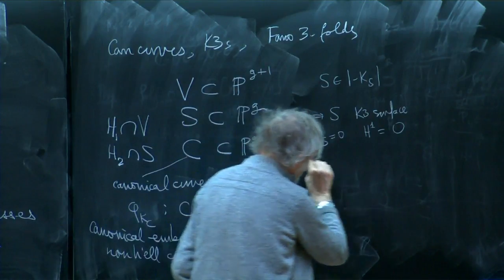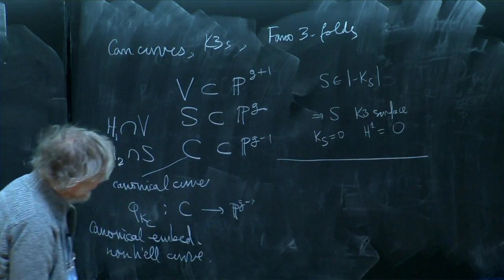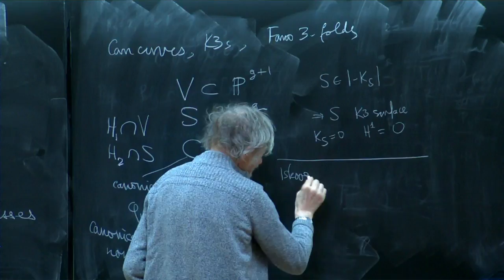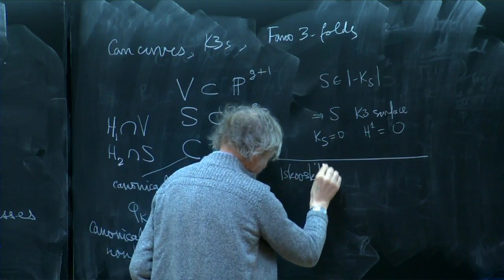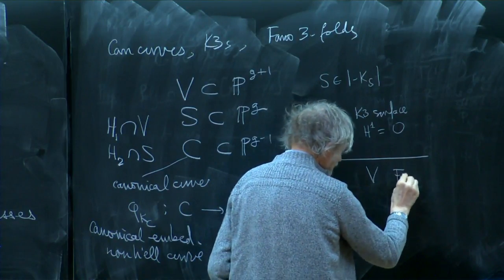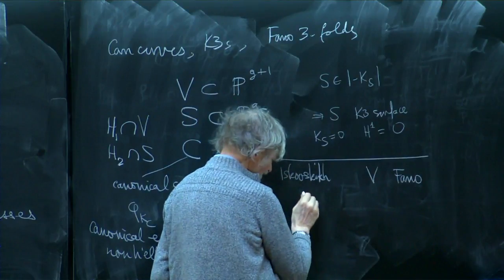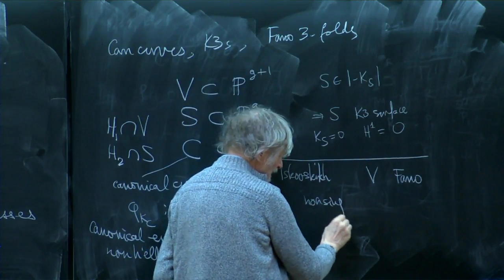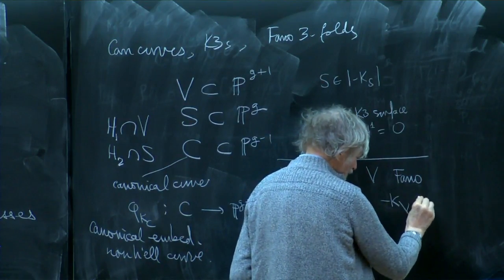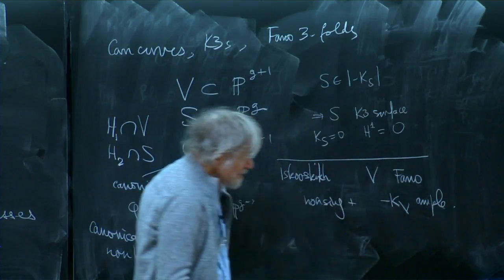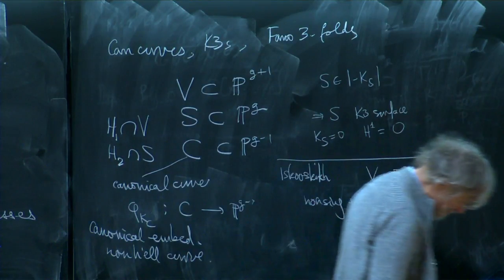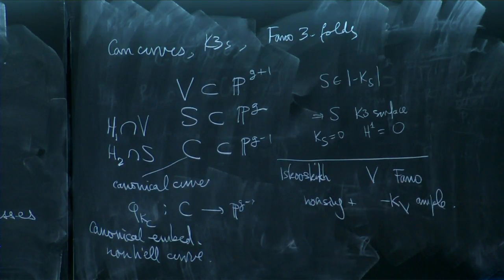Thirty or 40 years after Fano, Iskovskikh, possibly others, but especially Iskovskikh, defined V is Fano to mean non-singular plus minus K_V ample. Iskovskikh was a friend of mine from the late 1970s.